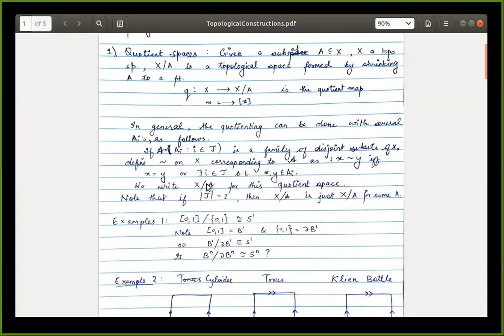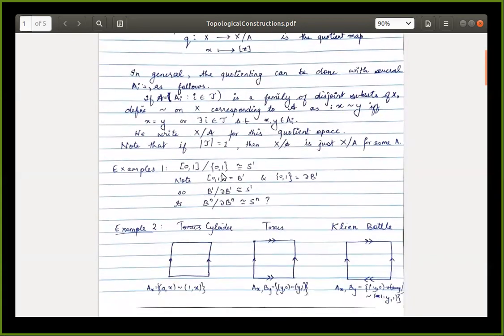Generally, when you have more than one set in the family, like when J has cardinality more than one, we simply write the family by the symbol tilde, instead of writing it as a family. That is just bookkeeping, but let's move forward.